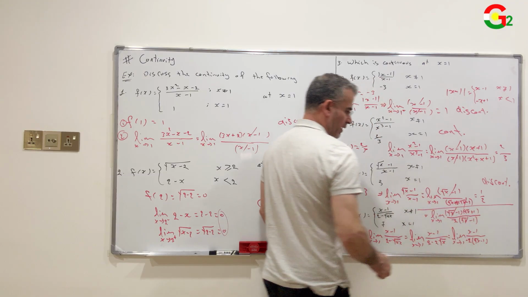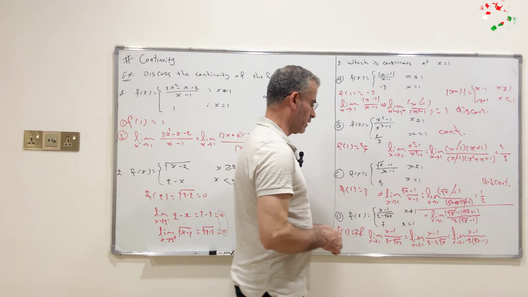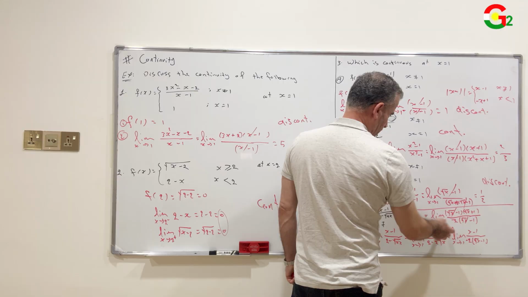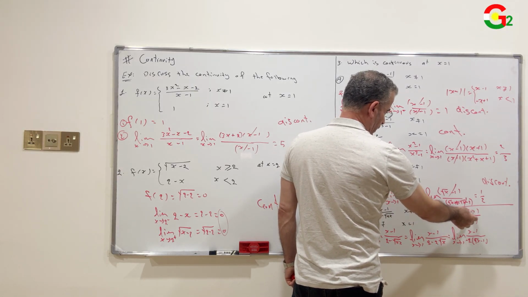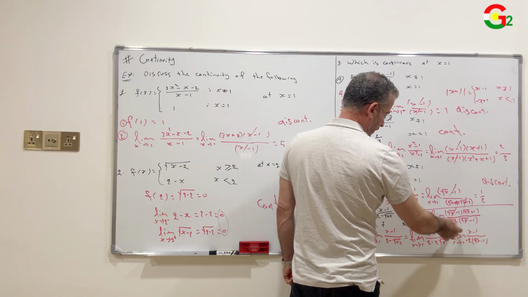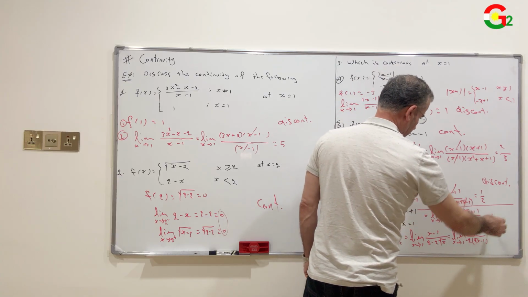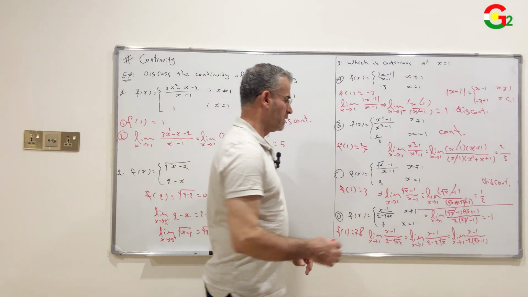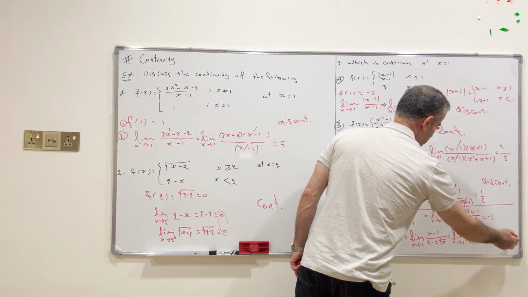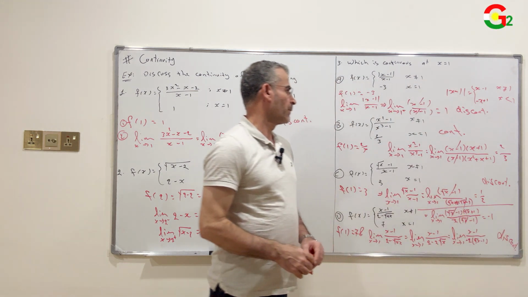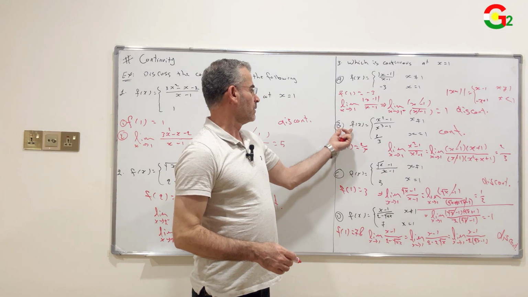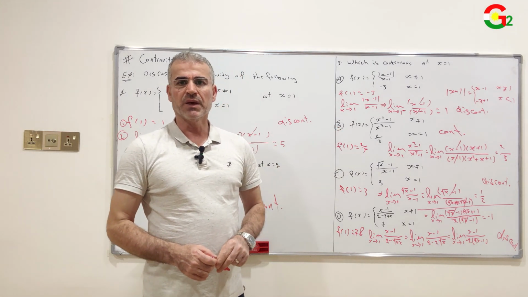Reduce √x − 1 with √x − 1. Substitute every x with 1: 1 + 1, 2 over −2. The answer is −1. This function is discontinuous. Then the right answer is B.